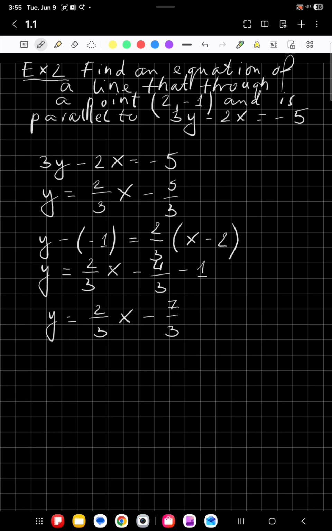Okay, so let me check with my notes. Yeah, looks right. Okay, so what we found is an equation of a line that is parallel to this line, but passes through this point, 2, negative 1.